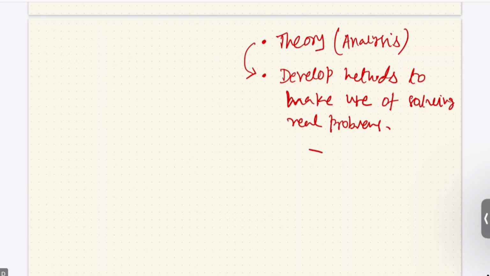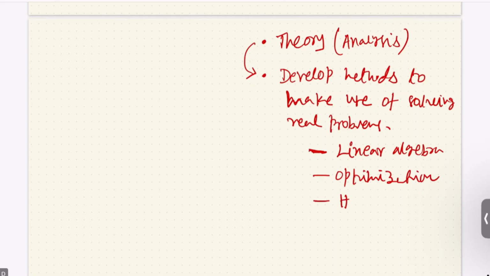Such tools, using those methodologies, involve linear algebra heavily, linear algebra and optimization, mostly these two, and there are other things as well, higher dimensional calculus, chain rule, all those things come there.